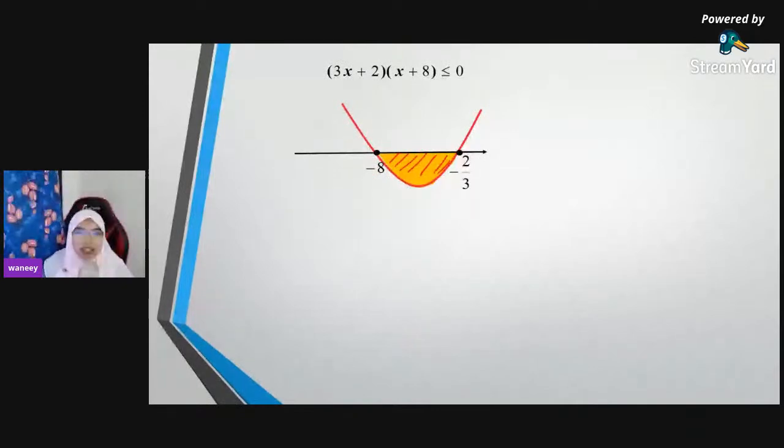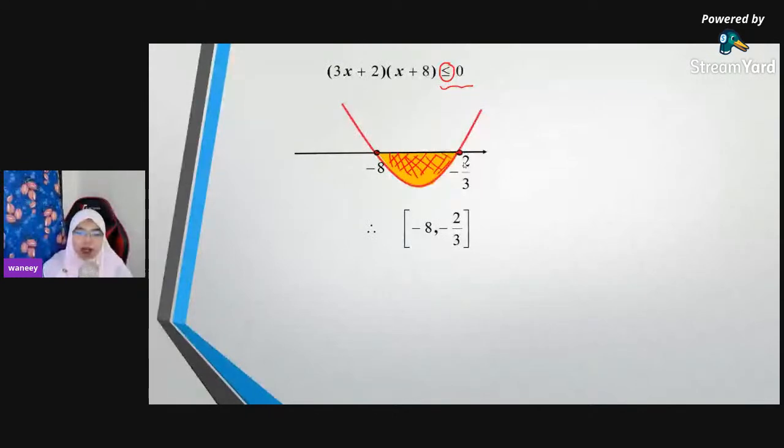And since we do have the equal sign over here, it should be a dense circle at negative 8 and a dense circle at negative 2 over 3 as well. So dense, dense. Since we want something less than 0, it should be the area below the x-axis. Therefore, the final answer for this is simply negative 8 up until negative 2 over 3.